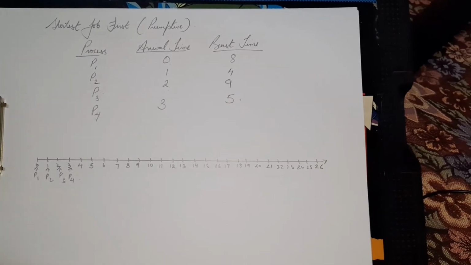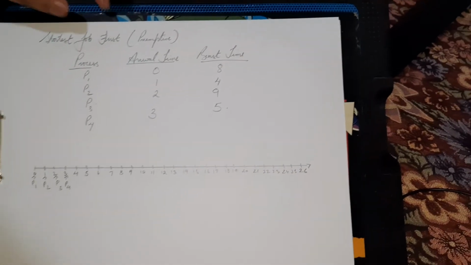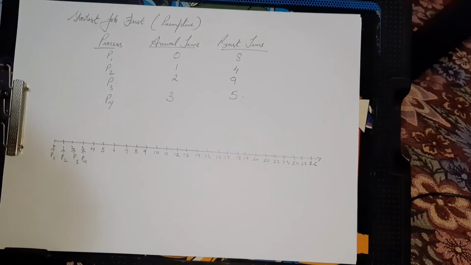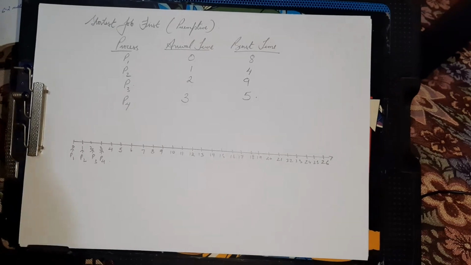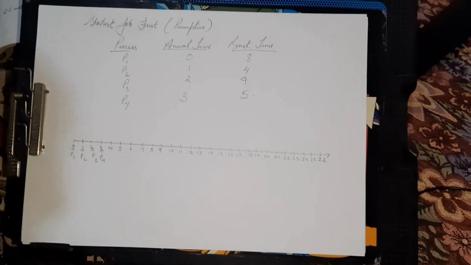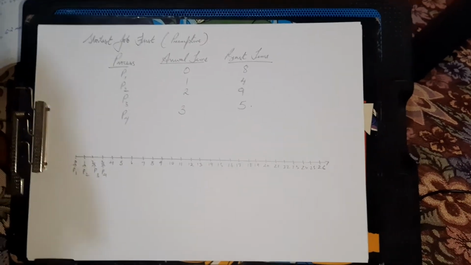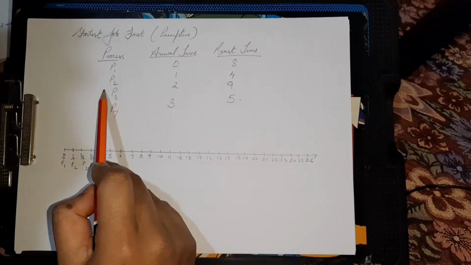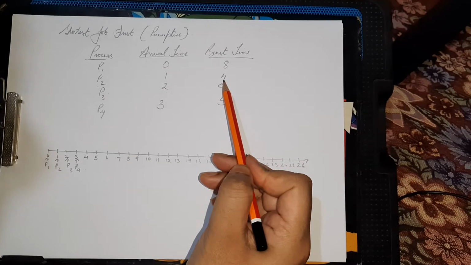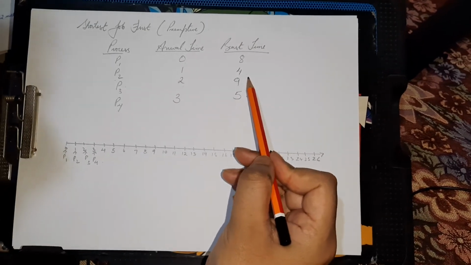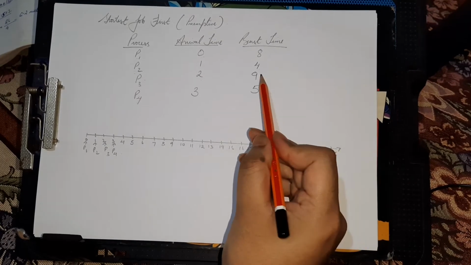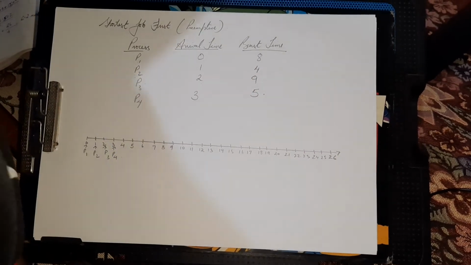Now, since this is a shortest job first algorithm, we have to choose again, just like the previous, the process with the least burst time. If we just look at this, we see that the least burst time is process P2 with 4 milliseconds of CPU burst time required.